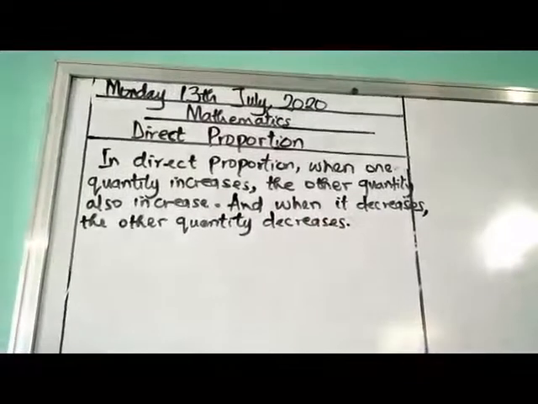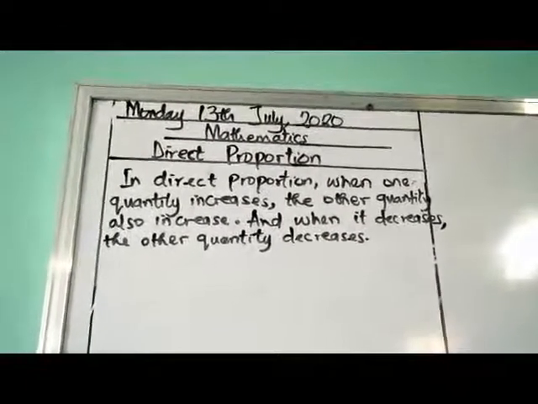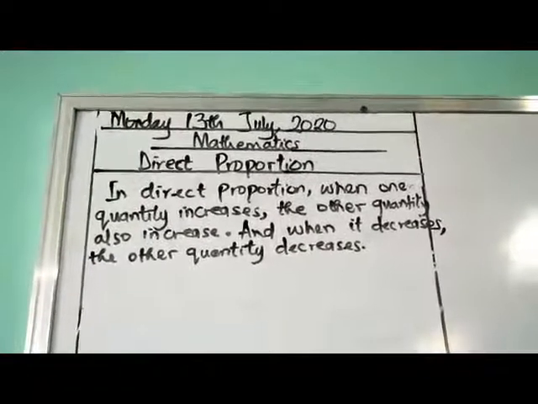So this is the concept behind direct proportion. When one increases, the other also increases, while when it decreases, the other quantity also decreases.